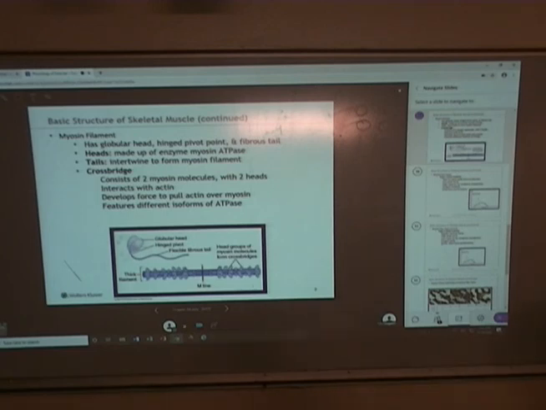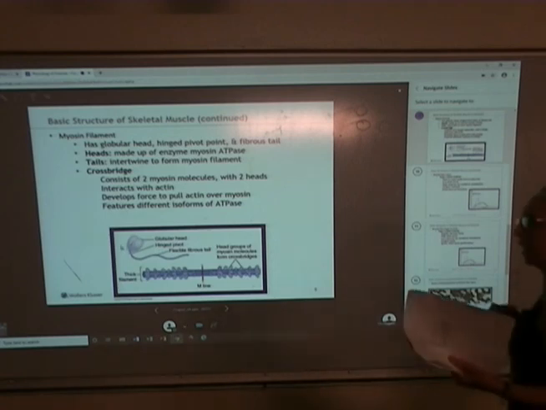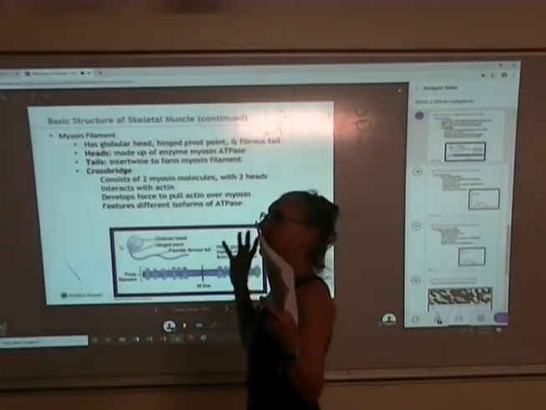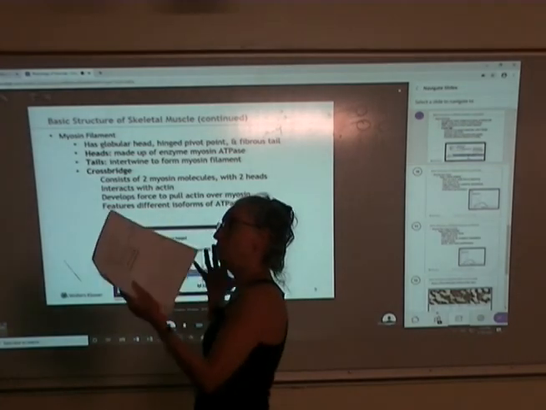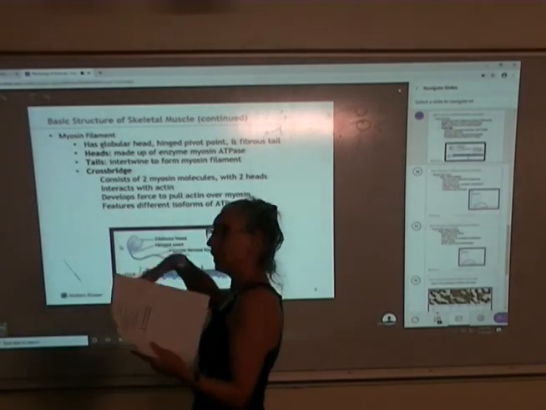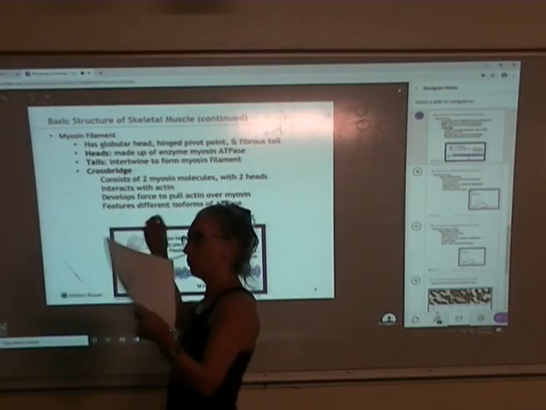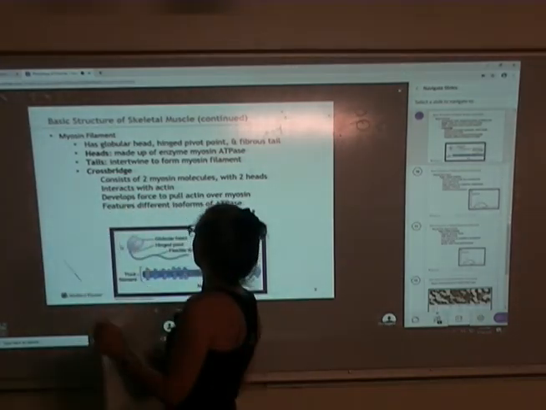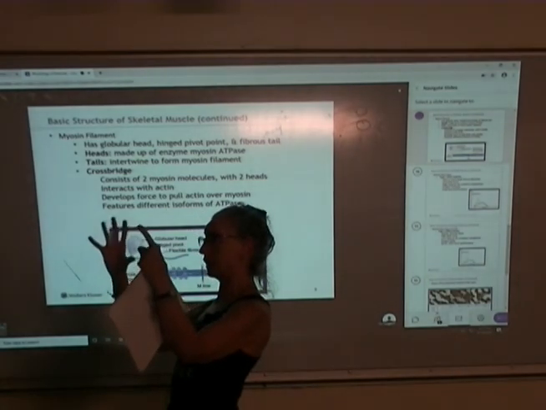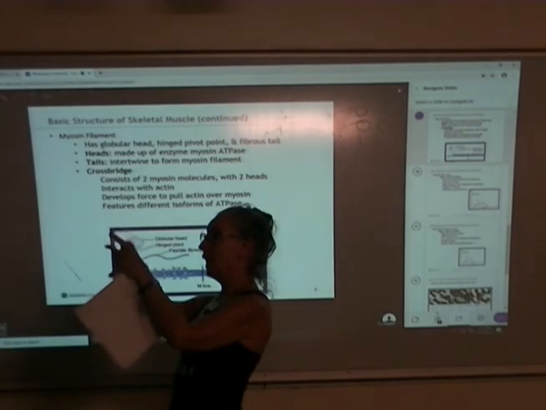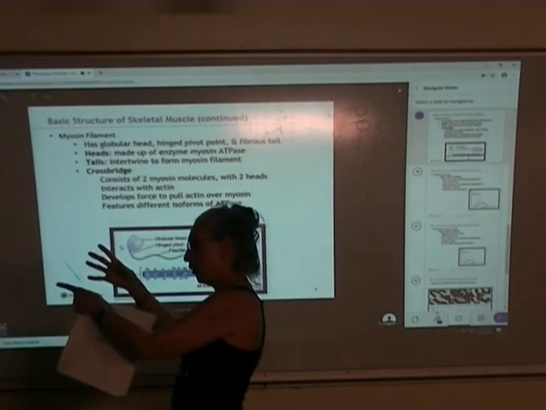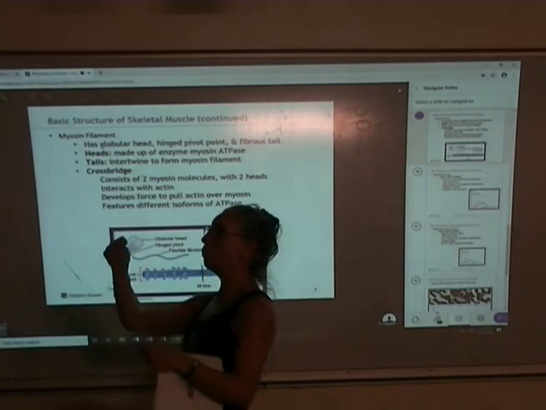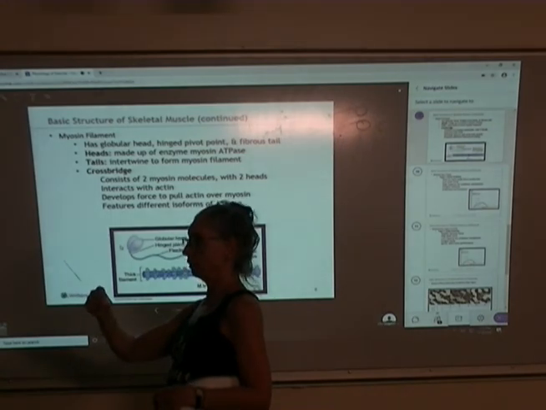The head part is made up of an enzyme called myosin ATPase. So we've seen ATPase before, remember, in System 1, and when we're looking to release energy in the other systems as well. It's just we don't talk about it in the same detail there. But remember, in System 1, we said that 5 to 10 seconds at the beginning, we get energy from breaking down ATP and releasing that third energy bond with the help of ATPase, right?